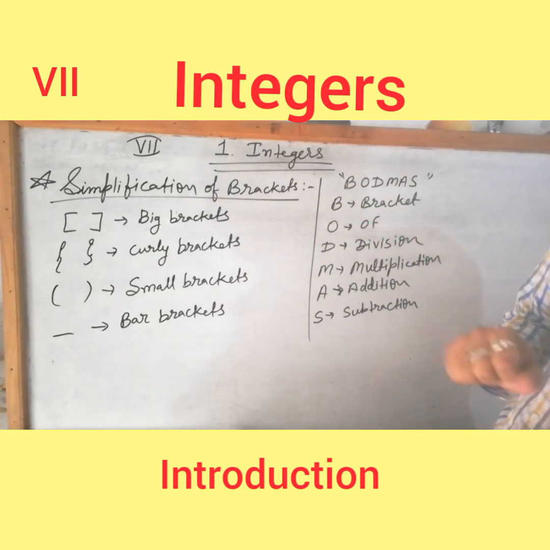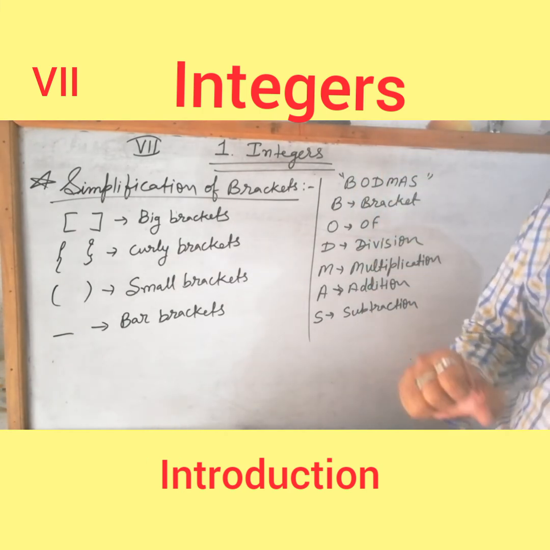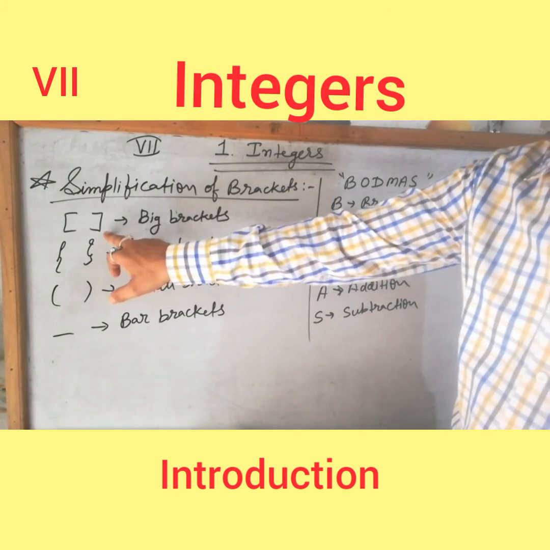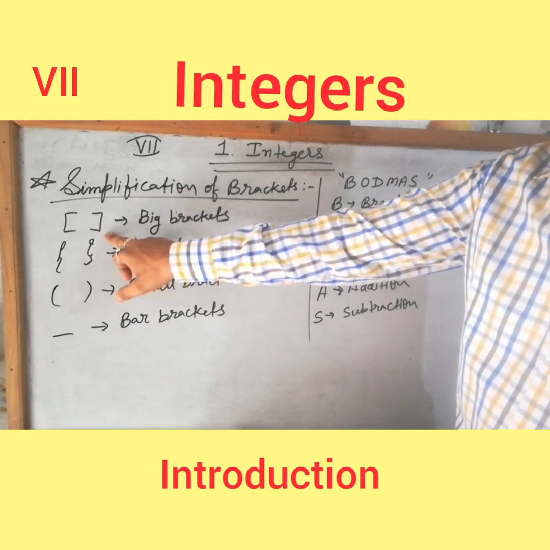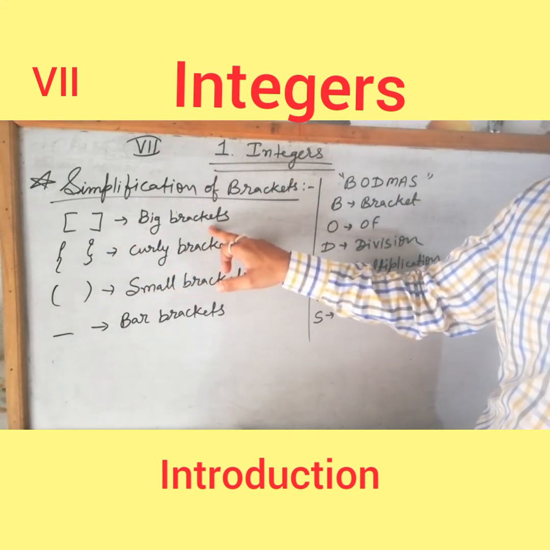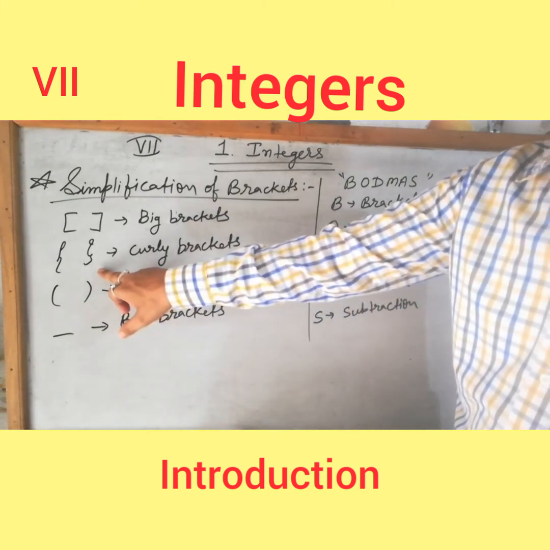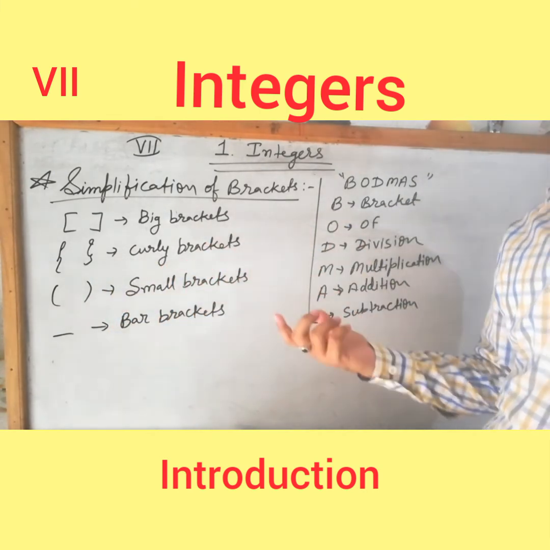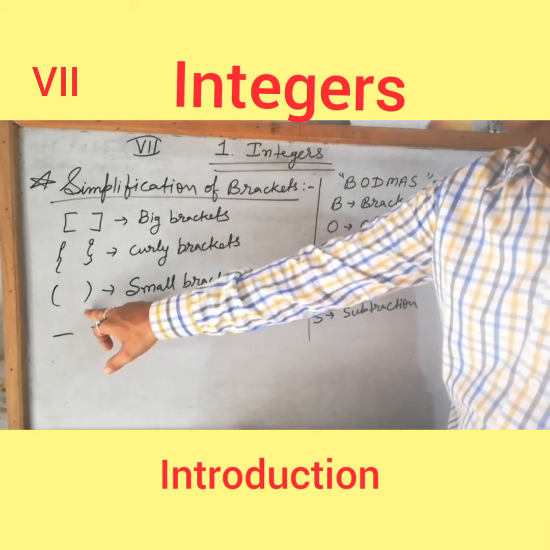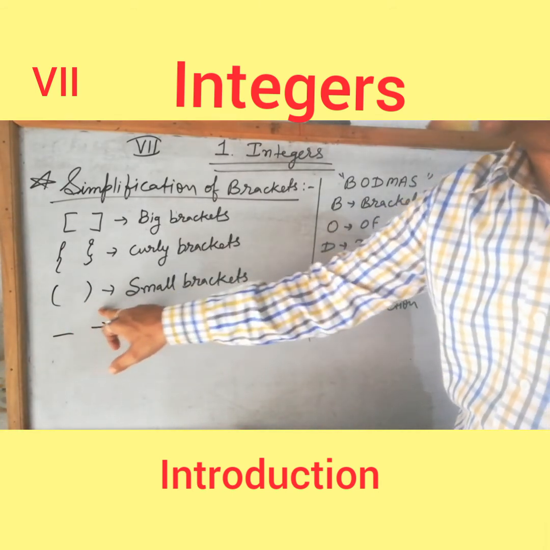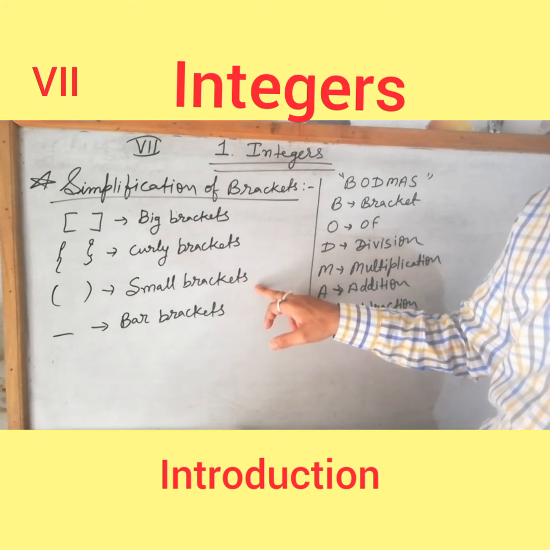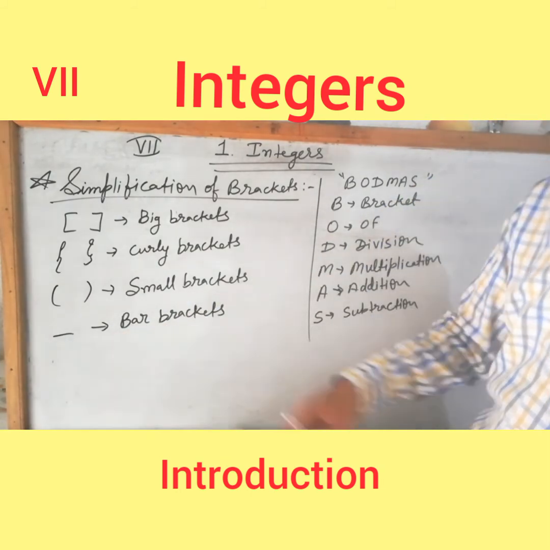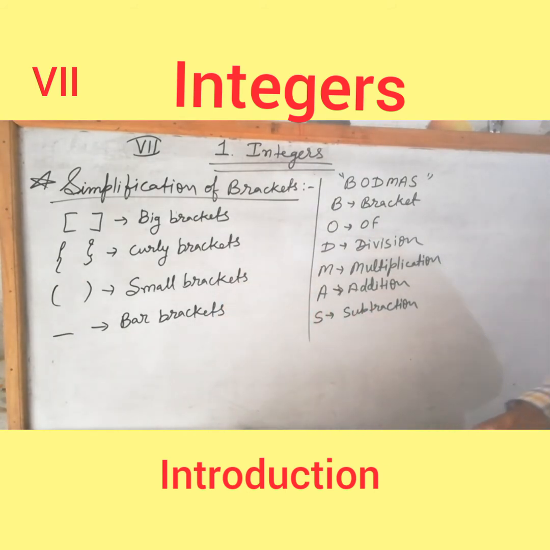Simplification of the bracket. First of all, we introduce what types of brackets there are. If you see this type of sign, it is a big bracket. If you see such a sign, it is curly, so you can say curly bracket. It is a small sign, so you can say small bracket, and it's a small line, so you can say it is a bar bracket.